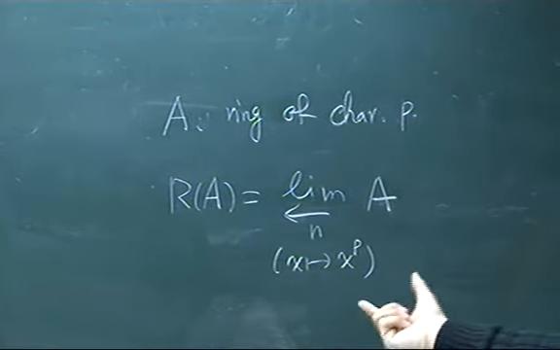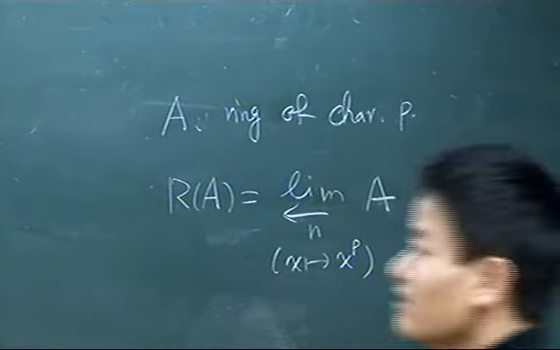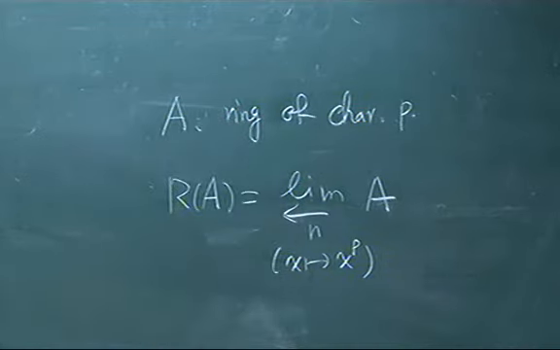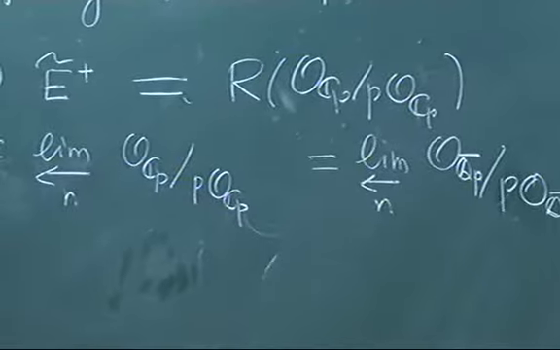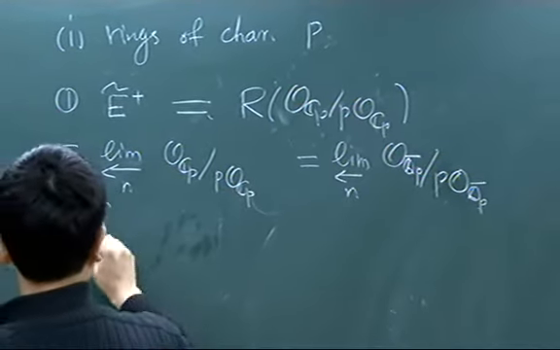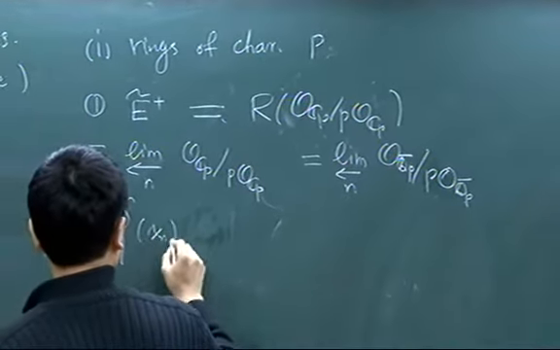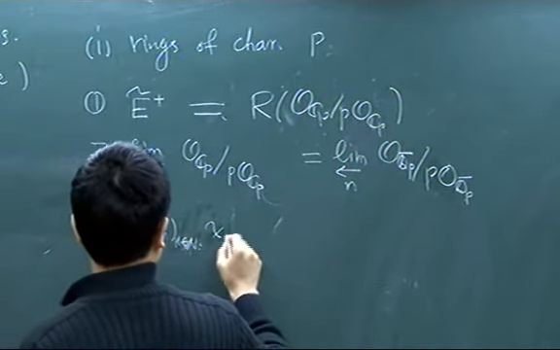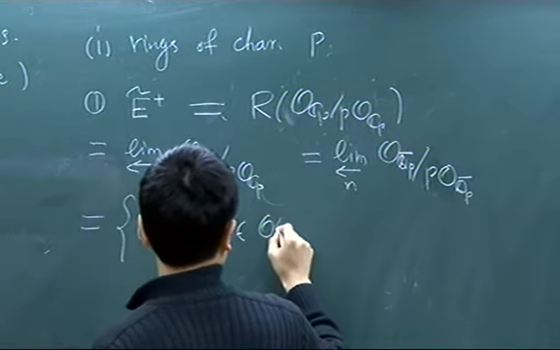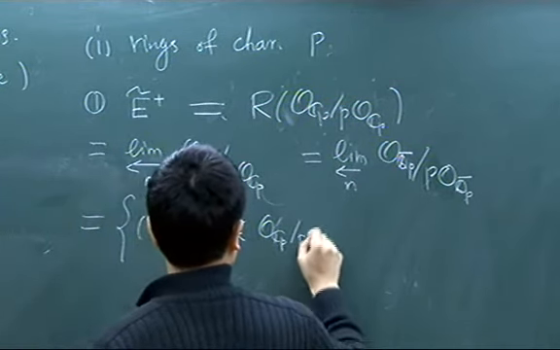It's just using Frobenius to get this R_A. So here it is the same. Why is this R? It is actually R of O_{C_p} over pO_{C_p}. If you write down the elements, you can write them as (x_n) for n in N, where x_n is contained in O_{C_p} over pO_{C_p}.